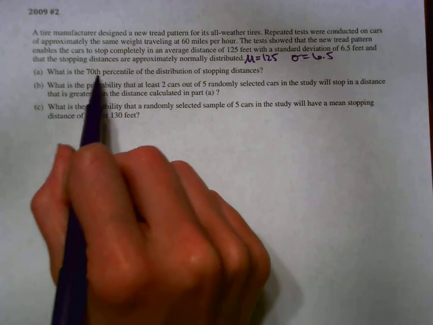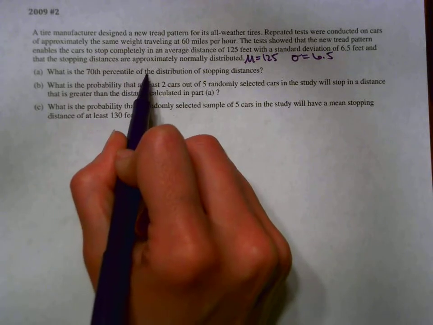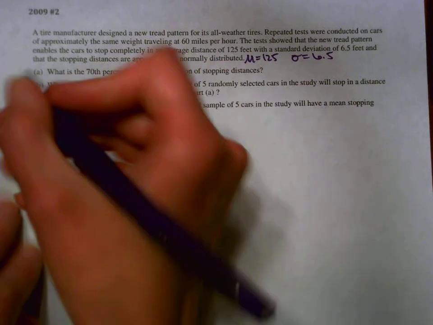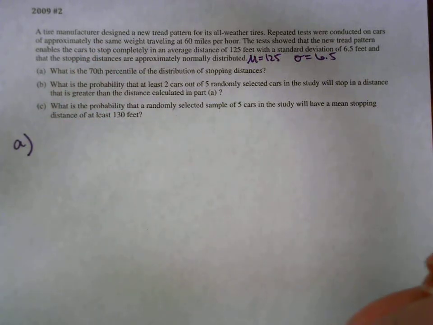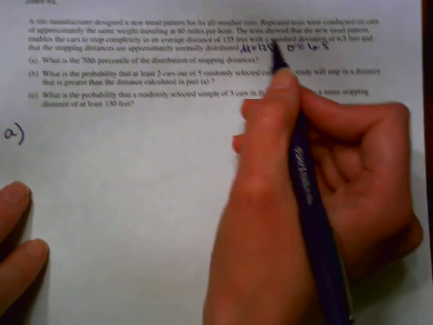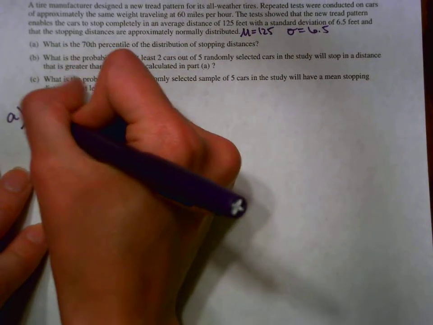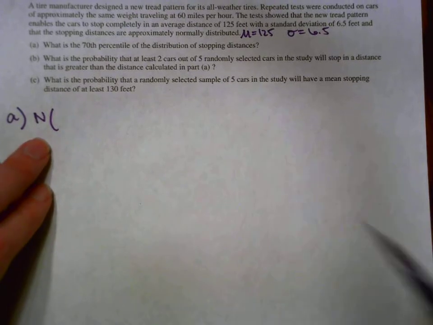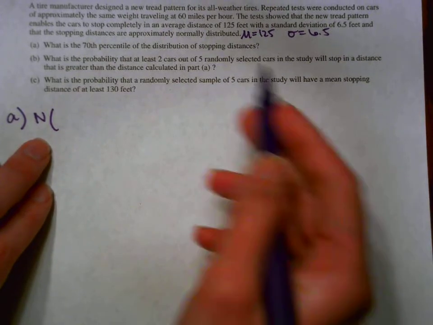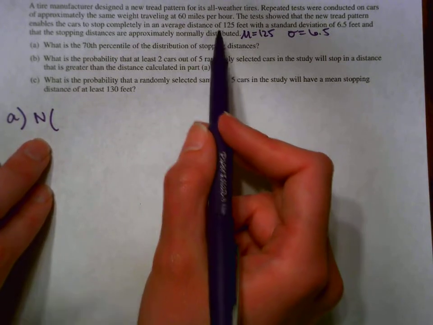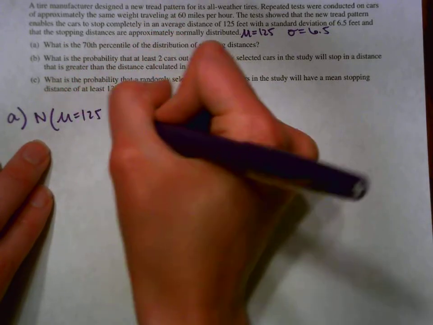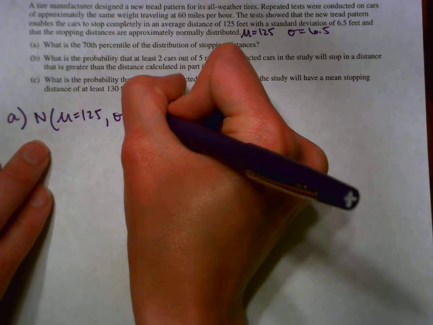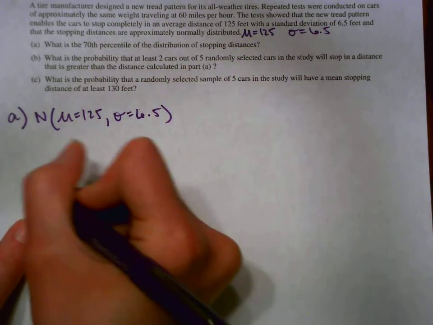So what is the 70th percentile of the distribution of stopping distances? They're just asking what stopping distance would be at the 70th percentile. So you just use the distribution they gave you for your population.